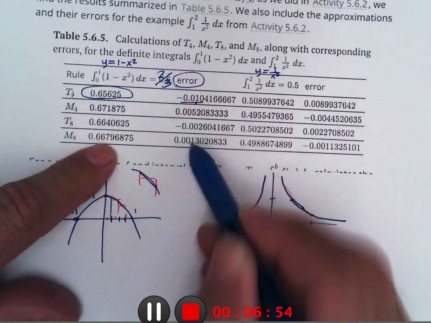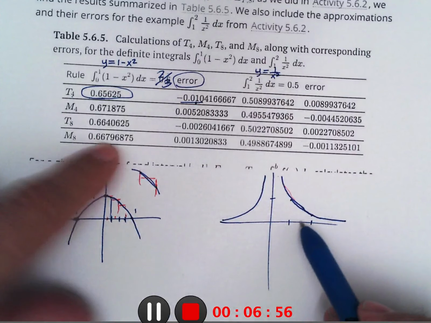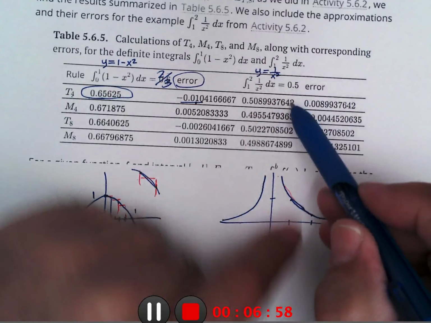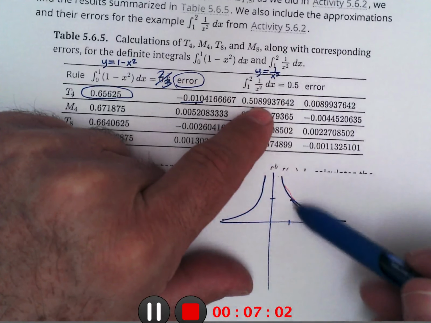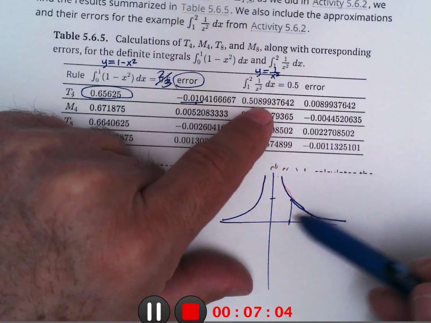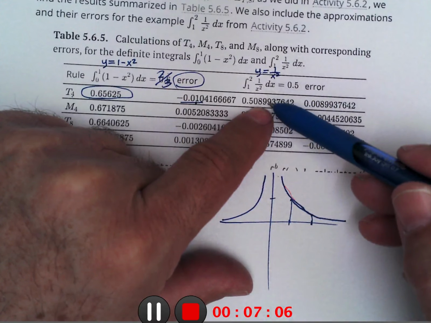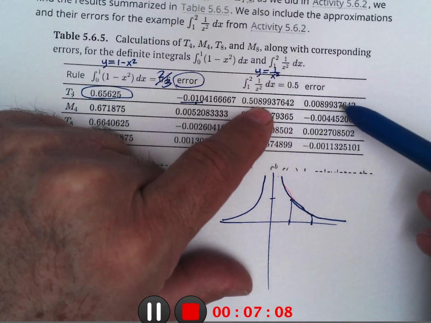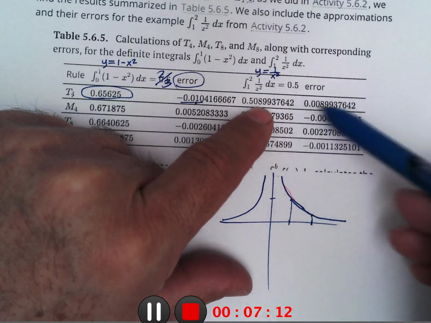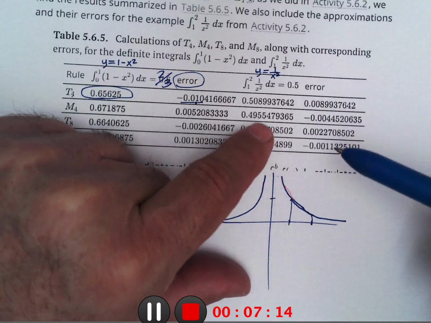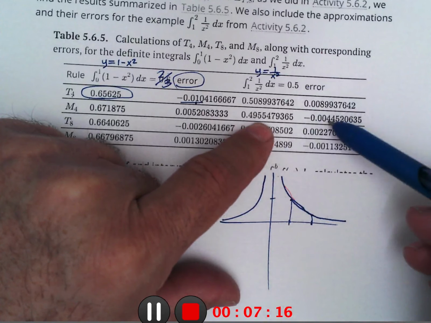They did the same thing over here, trapezoid 4, and the actual area is a half. This area is 1/2. They got this, which was an overestimate. The trapezoid on a concave up curve is an overestimate by this much. The midpoint is an underestimate by that much.